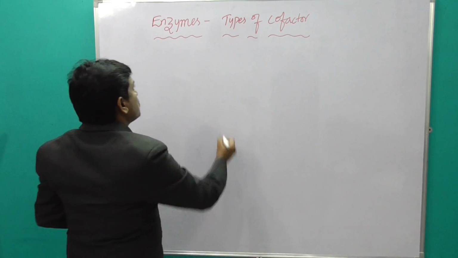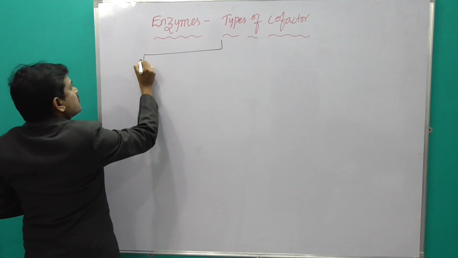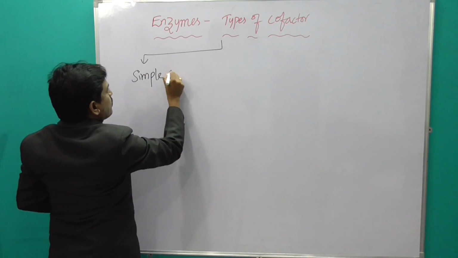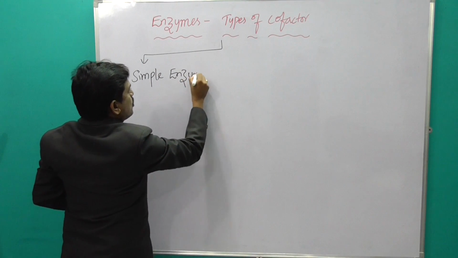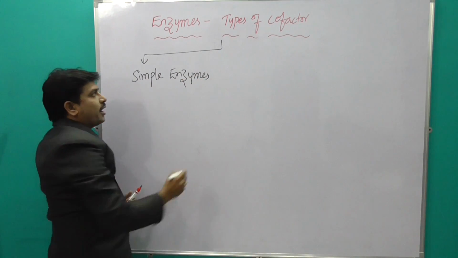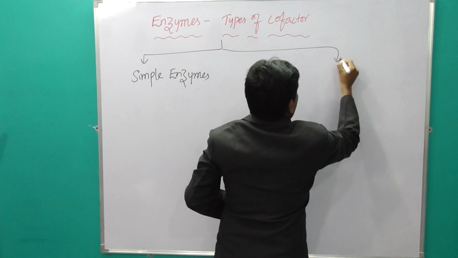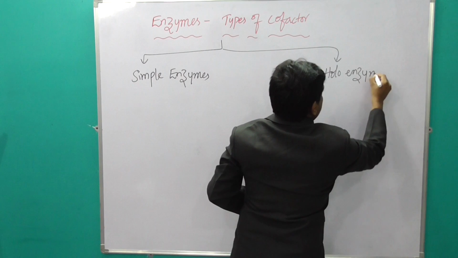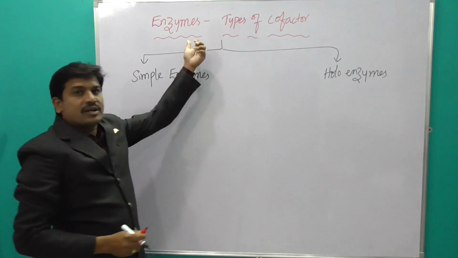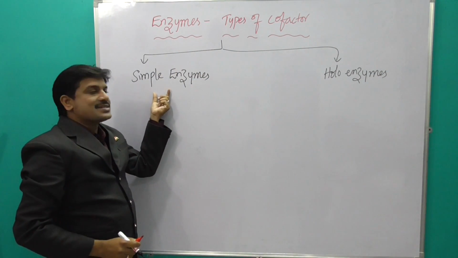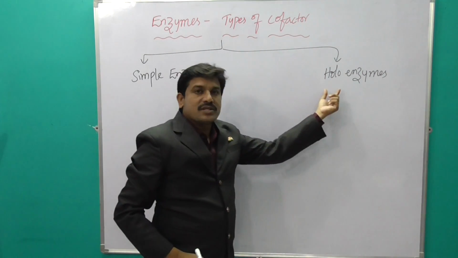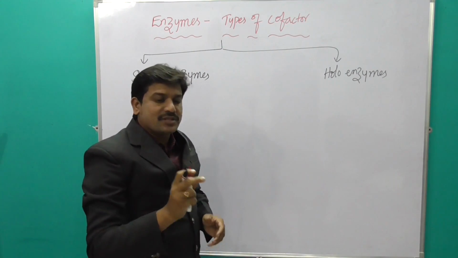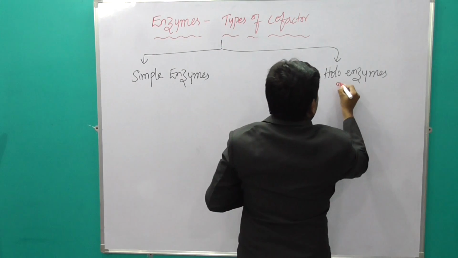Enzymes are divided into two parts: the first one is the simple enzyme, and the other one is the holoenzyme. The holoenzyme is also called a conjugated enzyme.